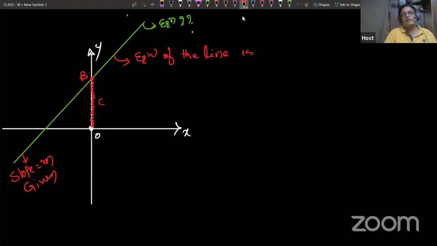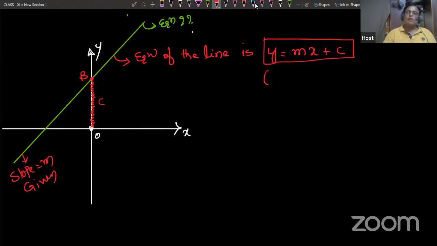Then the equation of this line is: y is equal to the given slope times x plus the given y-intercept, y is equal to mx plus c. We have derived this formula because the slope and y-intercept are given. If these two were not provided, we could not prove this formula.